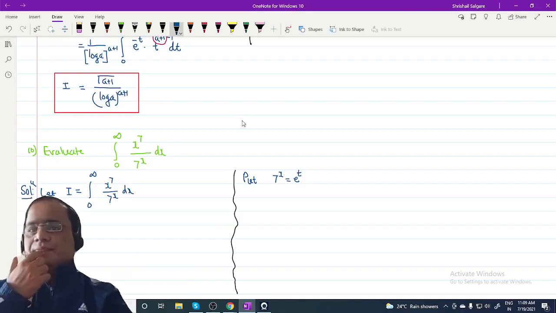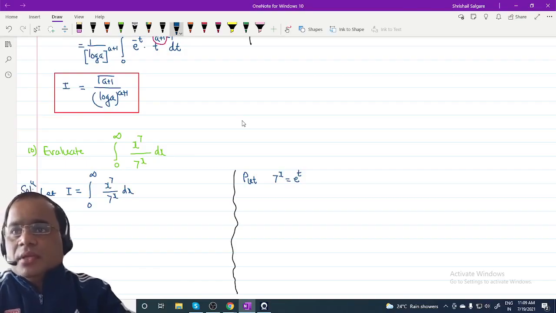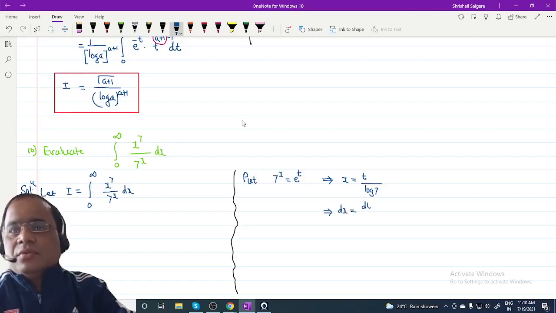Okay, continue. So the substitution is 7 raised to x is equal to e raised to minus t. Taking log on both sides, you will get x is equal to t divided by log 7. So this implies dx is equal to dt divided by log 7.